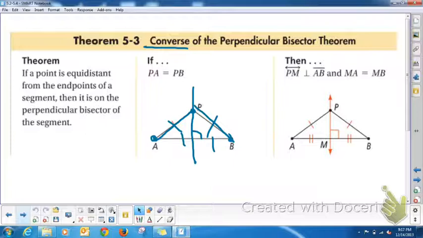So if a point is equidistant from the endpoints of a segment, then it is on the perpendicular bisector. Because we knew that PA was equal to PB, that means we know that P is located on the perpendicular bisector. So take notes in your template.